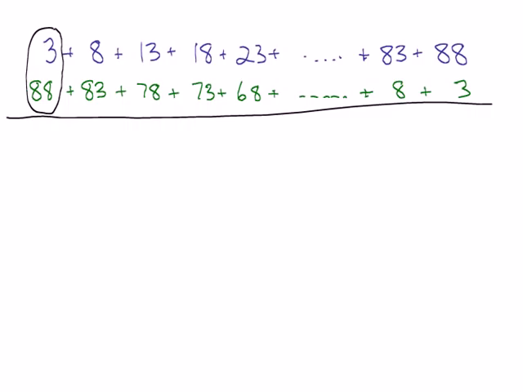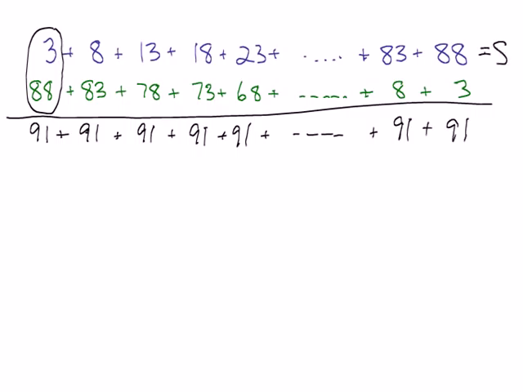So 3 plus 88 is 91. 8 plus 83 is 91. 13 plus 78 is 91. 91. 91. And if we represent this sum with S, this sum of 91s is 2 times the sum we're interested in.